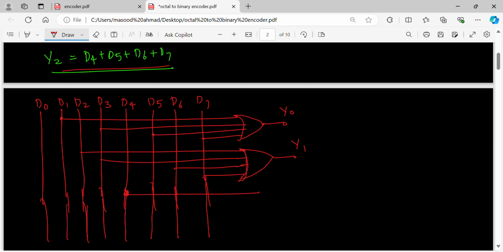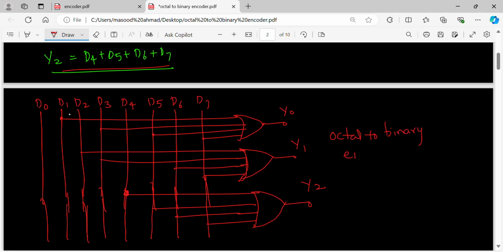You take D4, D5, D6 and D7 and give them to an OR gate, and you will get Y2. So D0 to D7 are inputs, and Y0, Y1, Y2 are outputs. This is the octal to binary encoder design.